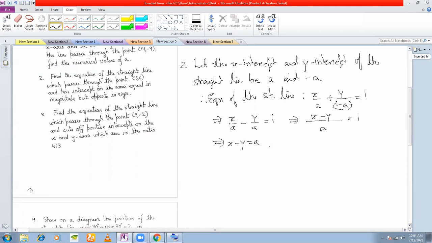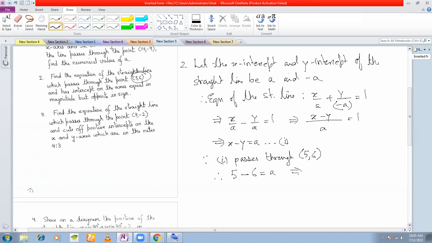Okay, this is the equation of the straight line, but we don't know the value of a. But there's a second condition given that the straight line passes through 5, 6. So we use this condition. Let us call this 1. Since 1 passes through the point 5, 6, it must satisfy it. Put x is equal to 5 and y equal to 6.